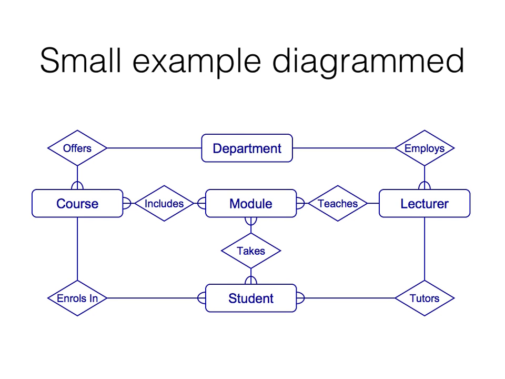So here's a diagram that pretty much captures all of the things asked for in the last slide, where you can see that there's a many-to-many relationship between modules and students, one-to-many relationships between lecturers and modules, a one-to-many relationship between departments and lecturers, and a number of different relationships here.